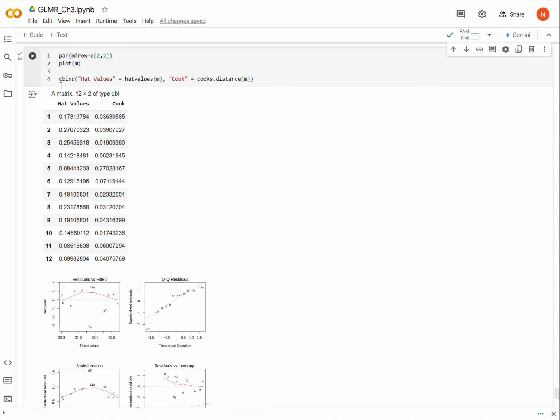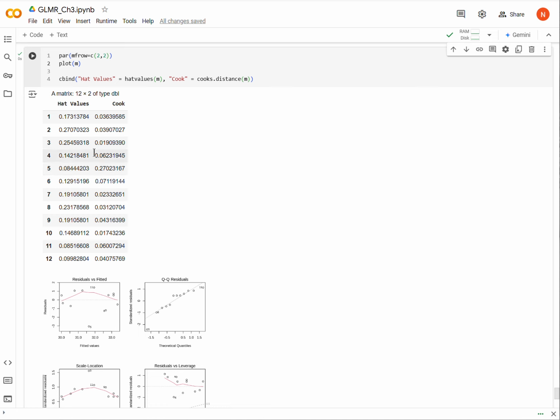Now, in general, if we're looking at the hat values and the Cook's distance, which are our measurements for leverage, hat values, and influence, Cook's distance, we see that the highest Cook's distance here has the lowest leverage. And so we can't really call that point an outlier because of that.